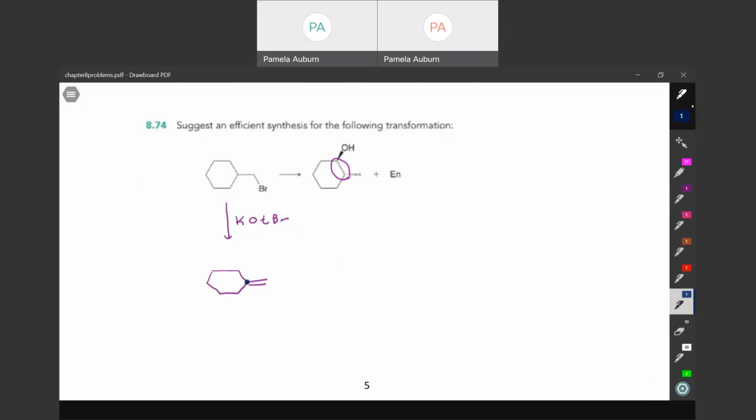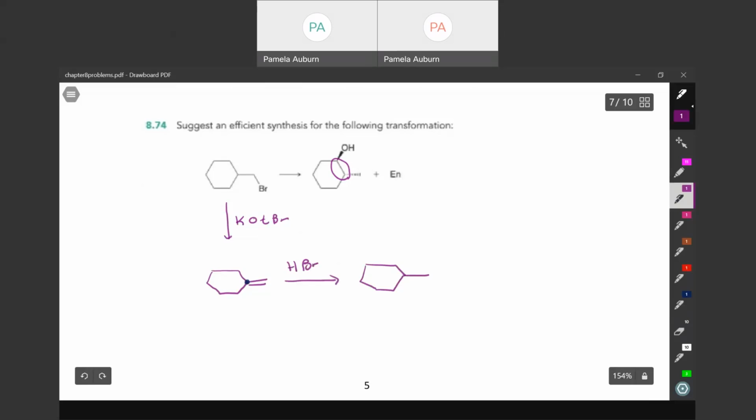So the next thing I'm going to do is react this with HBr, and that's going to get me the bromine here. And from there, I can do another elimination.